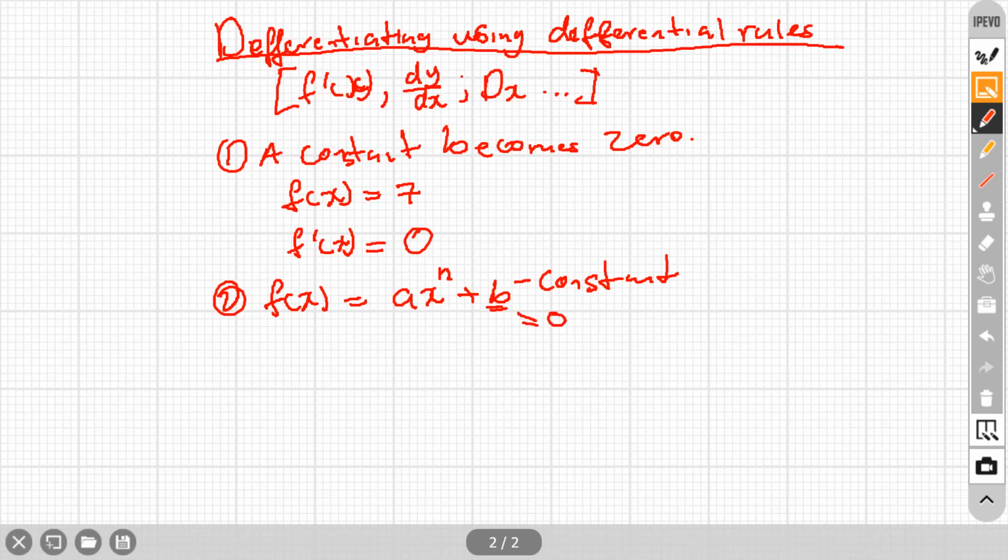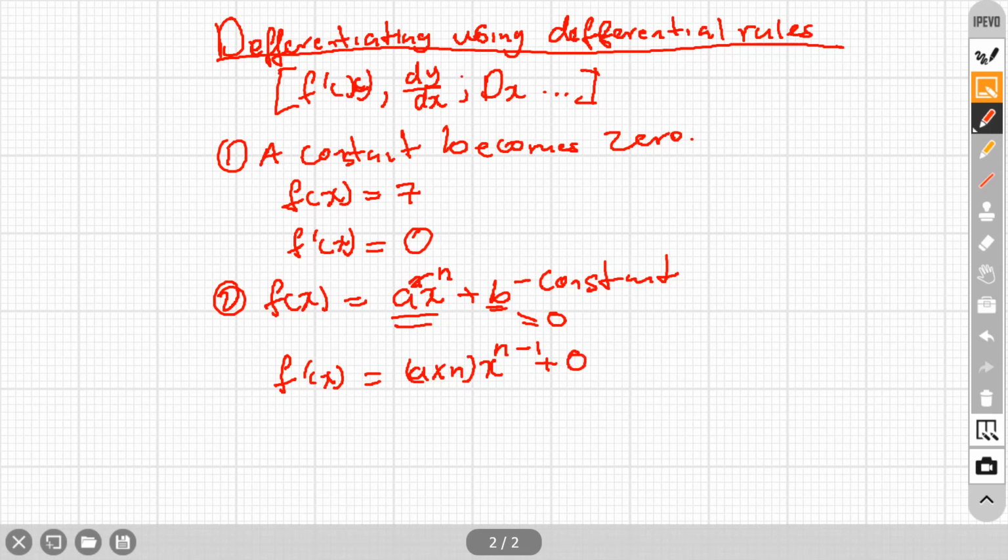When we differentiate ax^n, we say f'(x) is equal to: the power will multiply the coefficient. That is the first thing, so it's going to be a times n, then your x. After multiplying the power with the coefficient, you subtract 1 from the power. Then your constant will become 0.